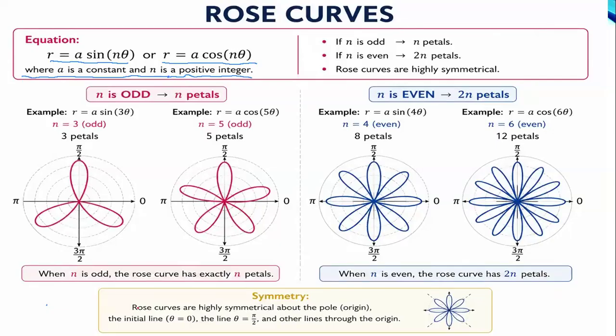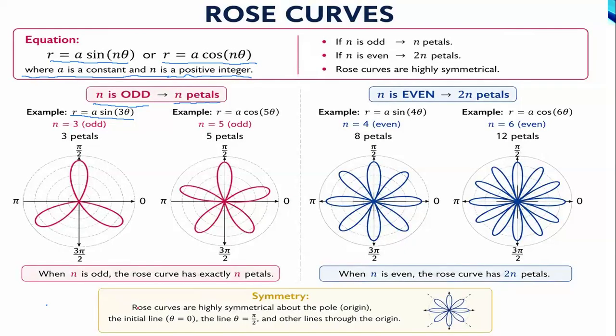Firstly, we're going to focus on n being an odd number. When it's an odd number, we have n petals, meaning an odd number of petals. For example, r is equal to a sine 3 theta.